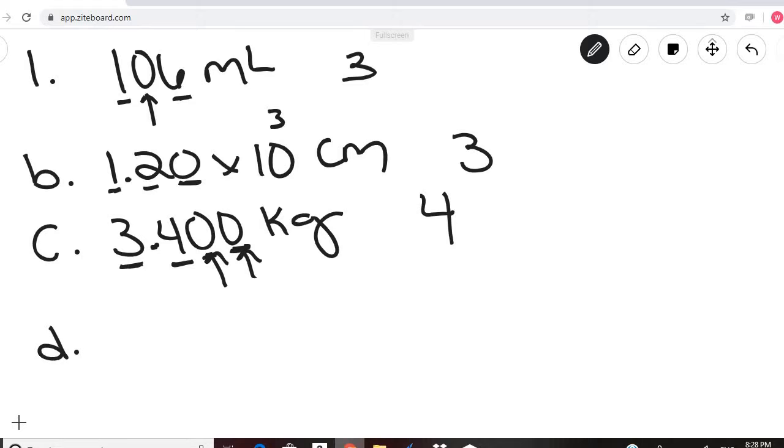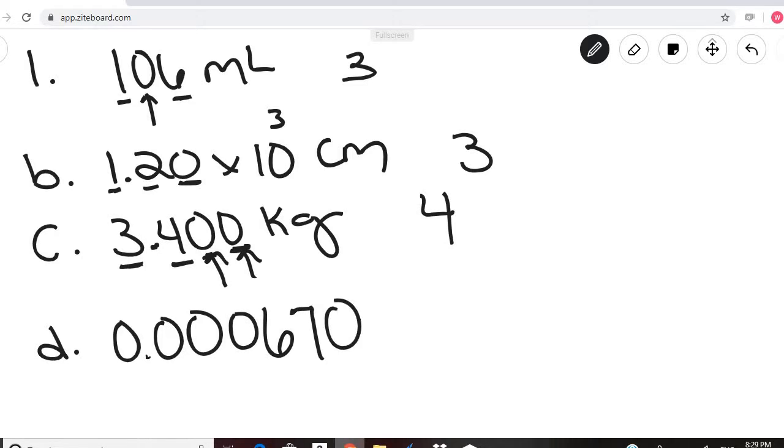And then D, 0.0006700 inches. Okay, so the non-zeros are significant. None of these are significant because they're to the right of the decimal place.